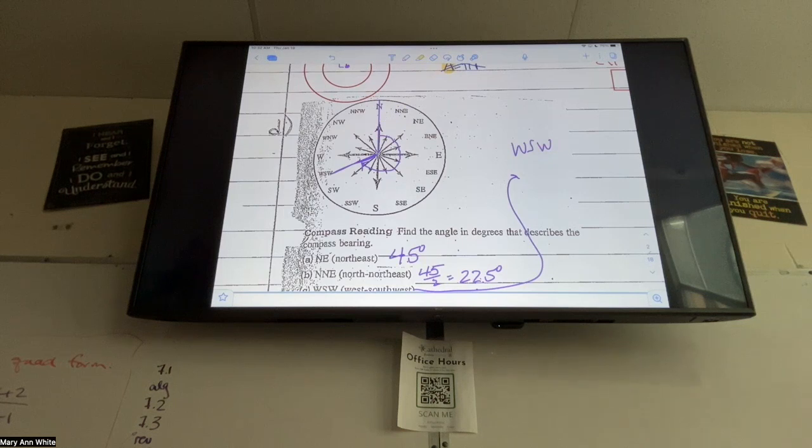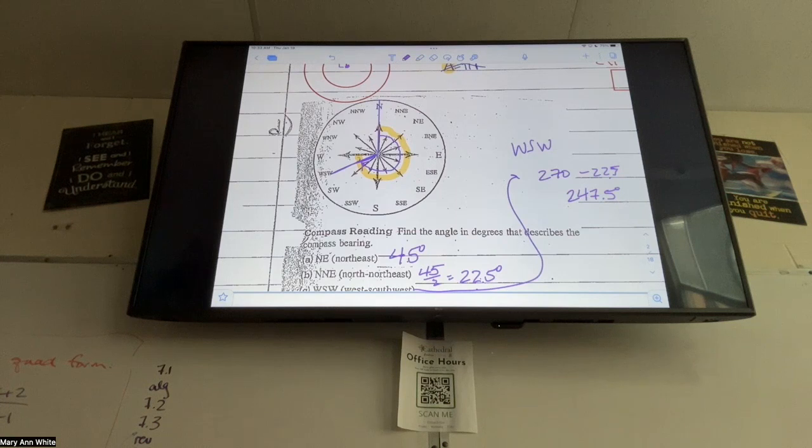Good, so Megan's saying, if I know how far it is from north to west, I'm going to subtract 22.5, because we know this tiny little increment is 22.5. Does anyone know what it is from north to west? 270, good. Three different 90s, so that's 270, so we could do 270 minus 22.5, which I believe is 247.5. Good, so Megan took the bigger and then took a little bit off.